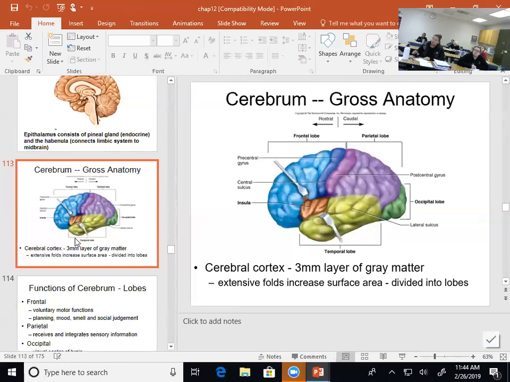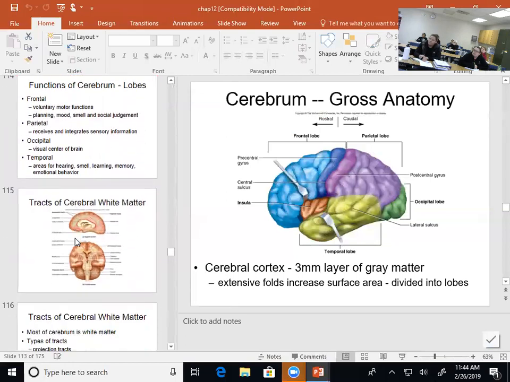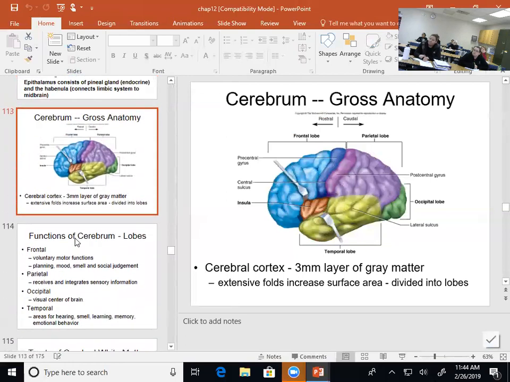And all of this purpley is parietal. And this green, and this whole temporal. You all know the lobes of the cerebrum? Yes. Okay. Are we good? All right. You know the functions, just as a review.